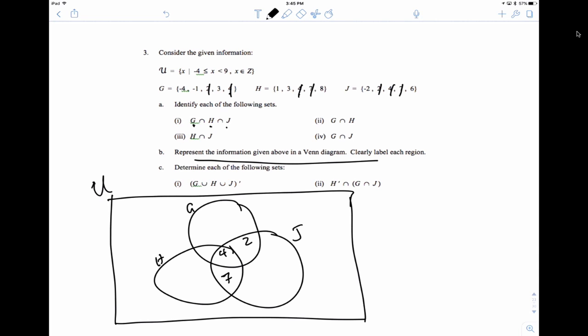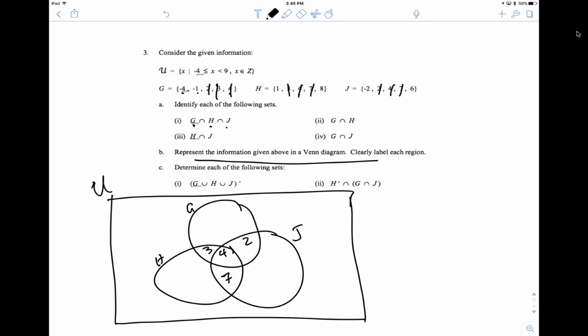Is there any other overlap? 3, G and H. G and H, but not J. 3.